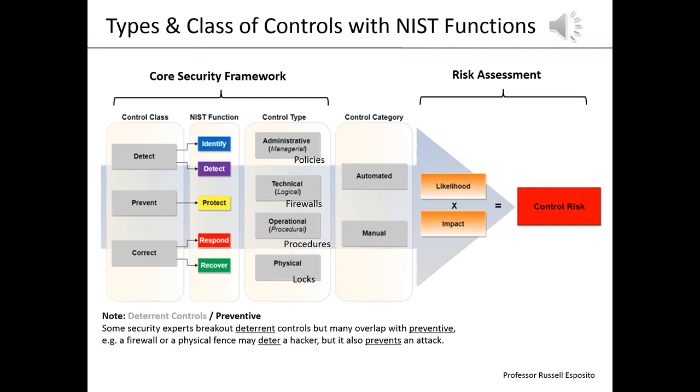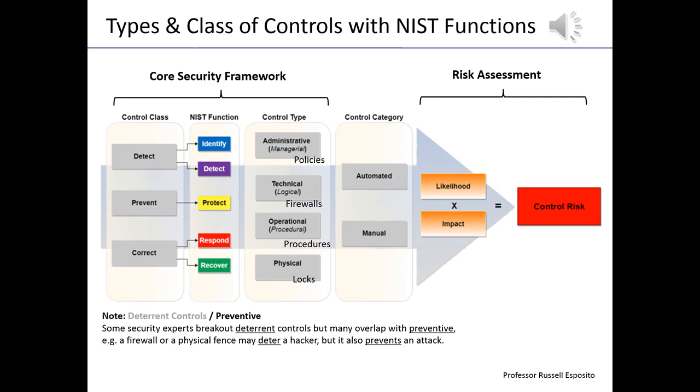And then if you go down further in the NIST functions, respond and recover map to correct, a control that corrects a problem. You have to respond and maybe recover with a backup tape or a backup data center in a disaster recovery plan. So I think this gives you a high level view, and we'll go through a lot of the very specific physical controls, logical controls, and procedures.